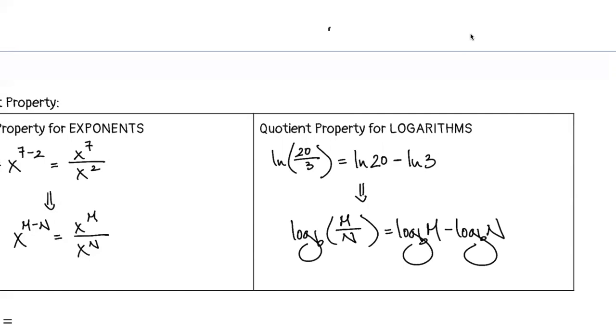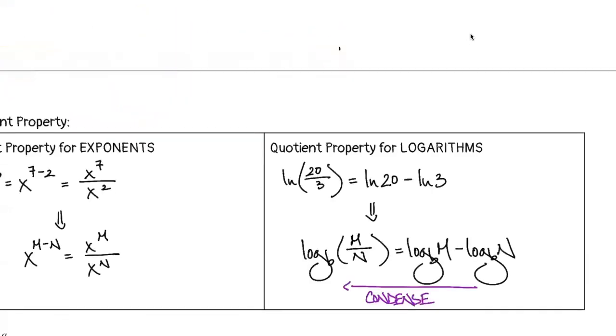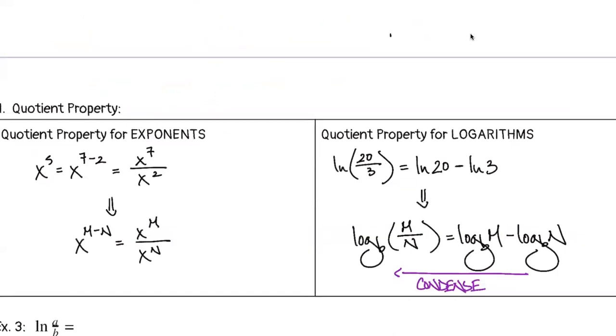If we were to use the same colors as last time, we might say that in this direction, we would be condensing. Oops, no, that's the other color. Orange, sorry.